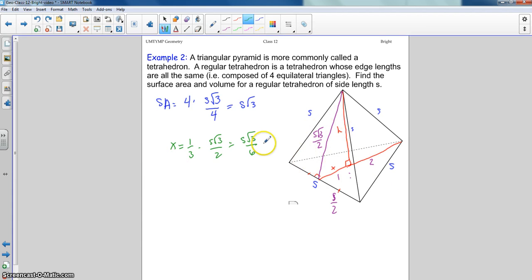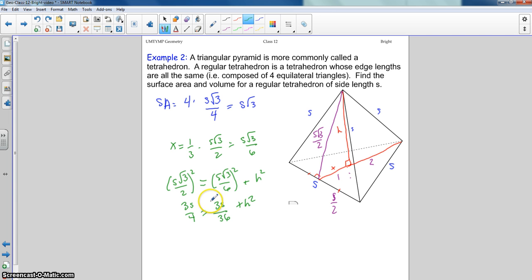So to do that, I'm going to set up the Pythagorean theorem. So I have s square root 3 over 2 squared is equal to s square root 3 over 6 squared plus h squared. Okay, and after you simplify this, you get 3s squared over 4 is equal to 3s squared over 36 plus h squared.